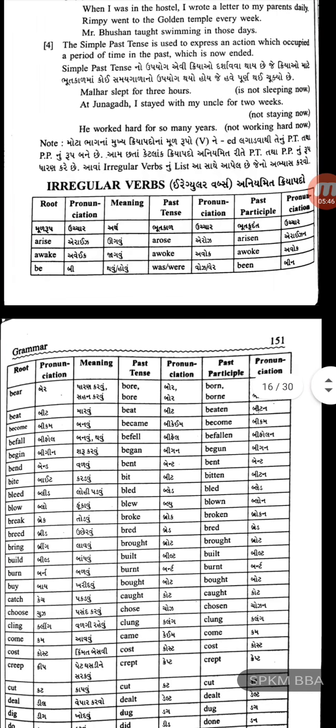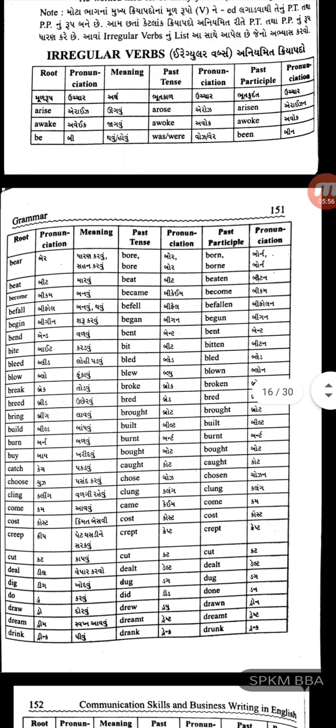There are some irregular verbs given below that you can use in your sentences. How it has been used: irregular verbs: arise, arose in the past tense, past participle arisen.